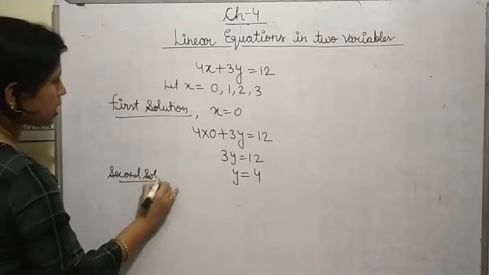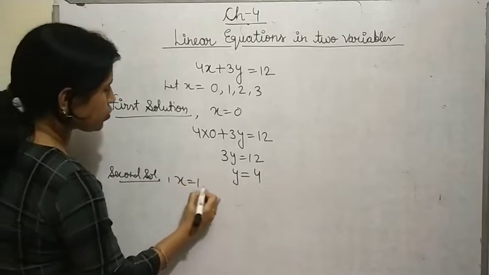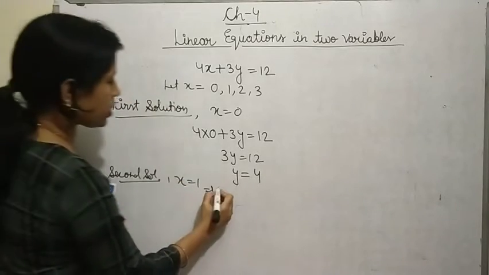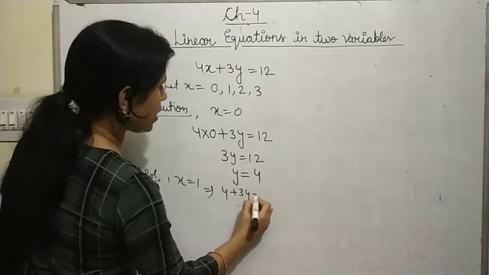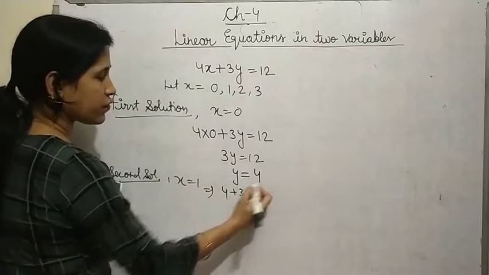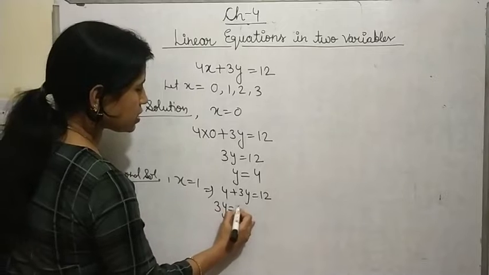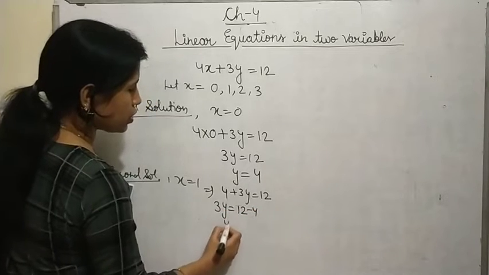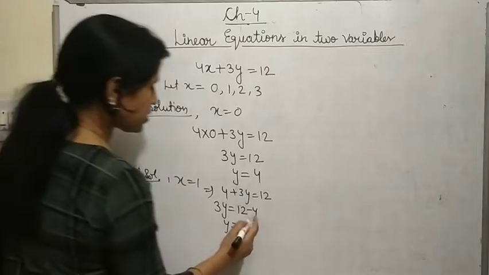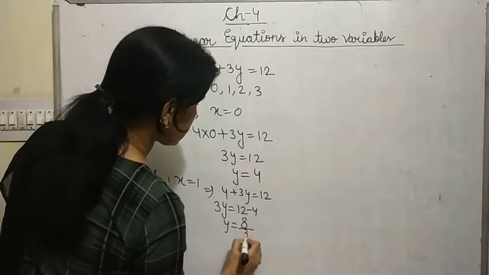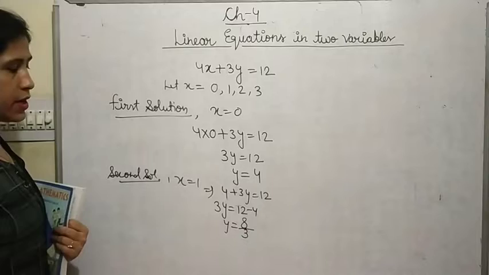Second solution. Like this we will write again, x equals 1. Now directly putting 4 into 1, we get 4 plus 3y equals 12. 4 will transfer to the other side, so 3y equals 12 minus 4, so y equals 8 upon 3.